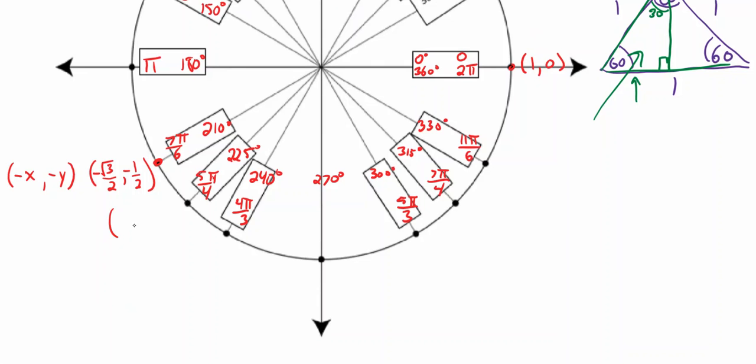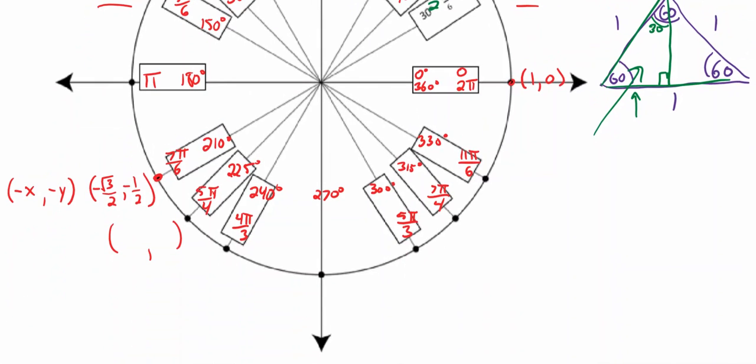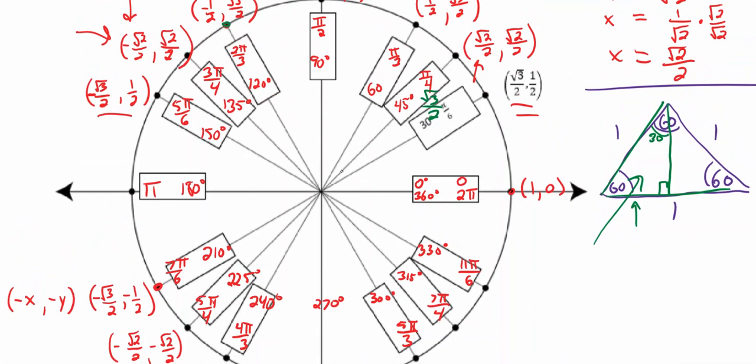All right, this point is going to be a lot like our 45s again, but they're both going to be negative. So negative root 2 over 2 and negative root 2 over 2. And then on this one, that'll be the same as my 60-degree angles up here. So that'll be the same as this one and this one. Those are the same triangle.